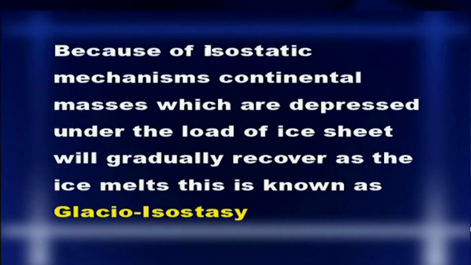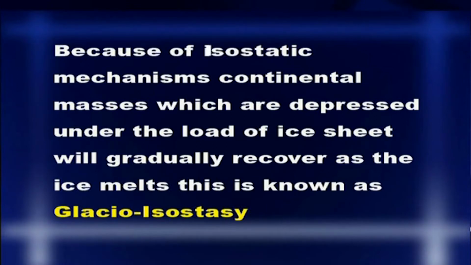Because of the deficiency of masses in the oceanic sectors of the crust, the balance is maintained by an increased thickness of much denser sima. Higher continental masses float on a denser substratum. Because of isostatic mechanisms, continental masses which are depressed under the load of an ice sheet will gradually recover as the ice melts.